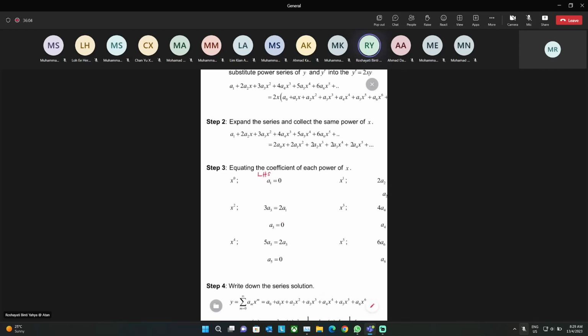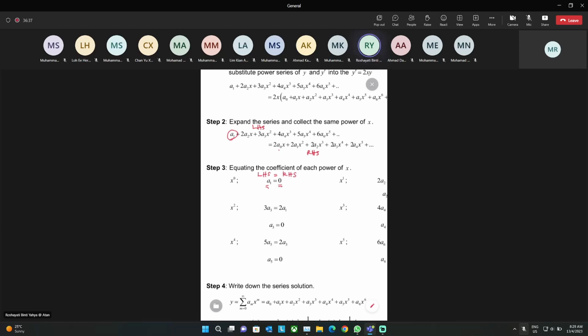Left hand side equal to right hand side. Here is the left hand side, and this is the right hand side. So for x naught, this is a1, and on your right hand side there is no constant, so we can represent the right hand side here as 0.